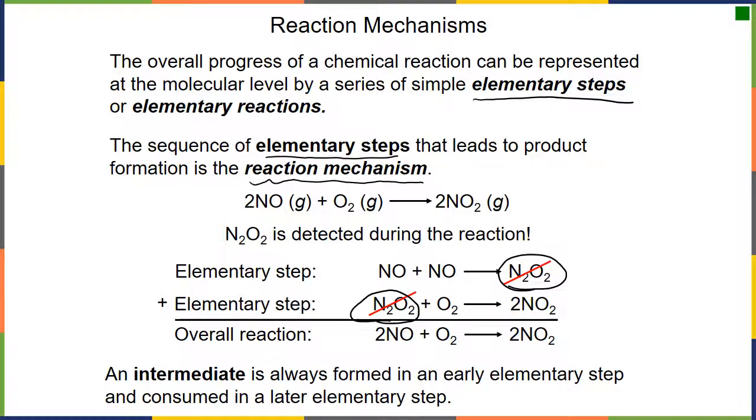So if we have, in this case, two NOs go into N2O2, we're saying that we are making some N2O2. It's not in the final reaction. And if it's produced and used up, it is going to be an intermediate in this reaction mechanism. Note, these are always going to be given to you when we're looking at our mechanisms.